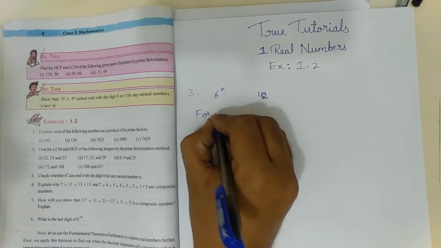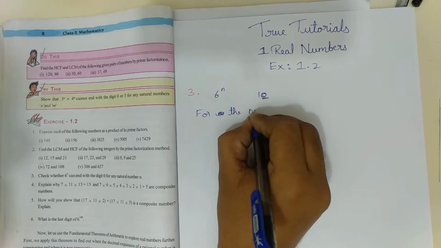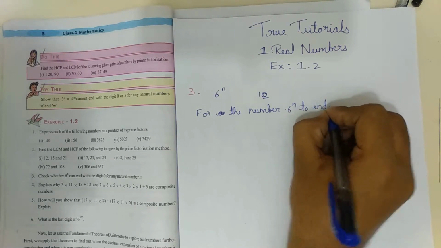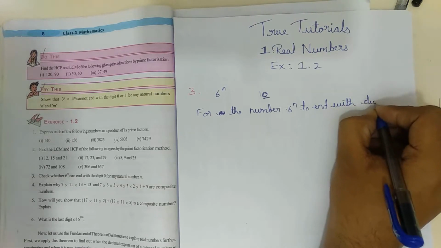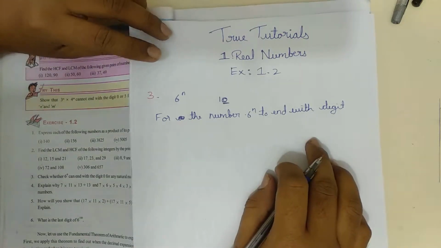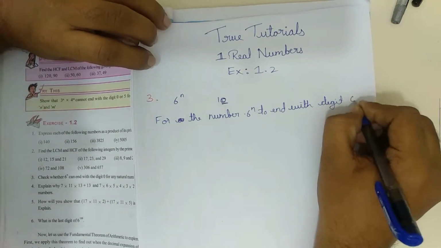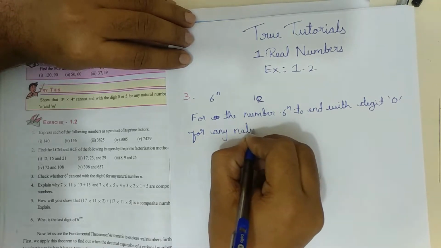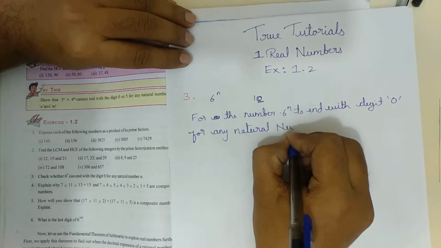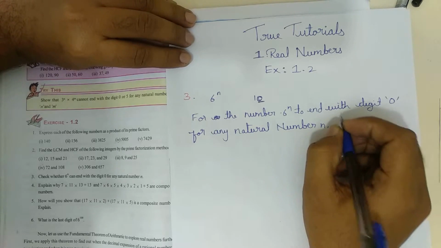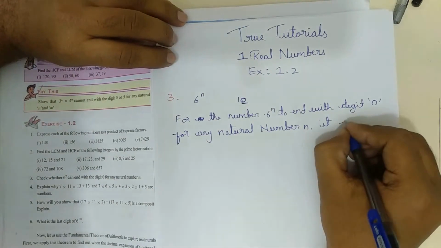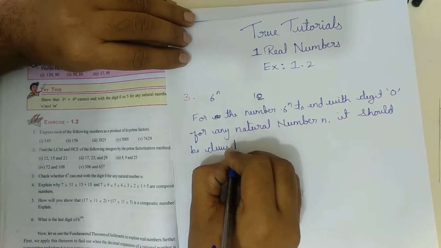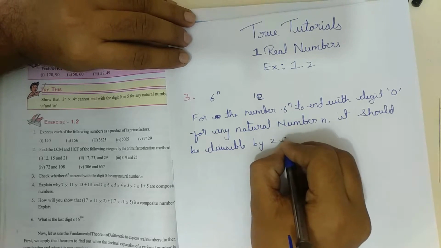For the number 6^n to end with the digit 0 for any natural number n, it should be divisible by 2 and 5.